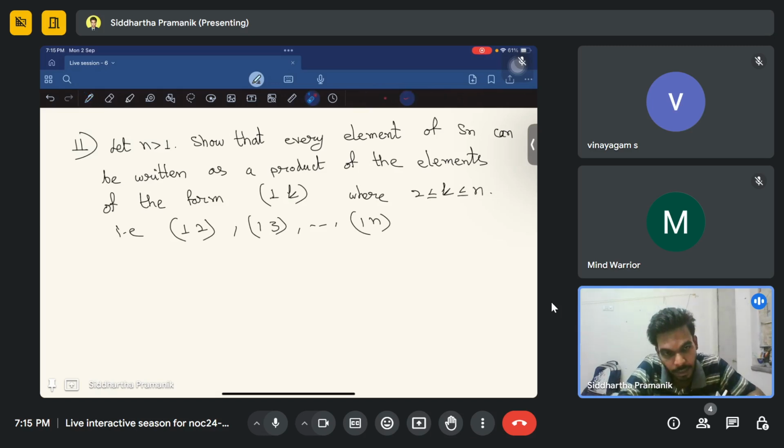So every element of Sn can be written as a product of elements of this type, of these two cycles.